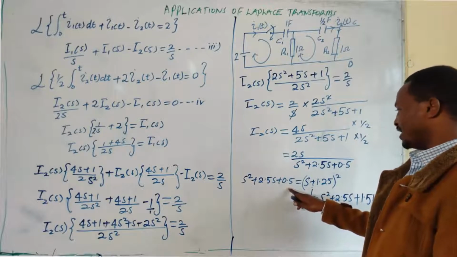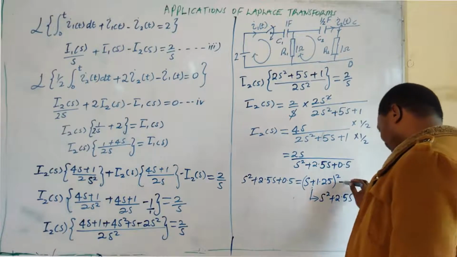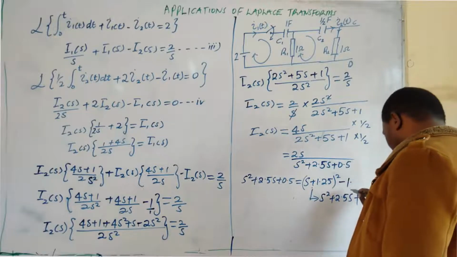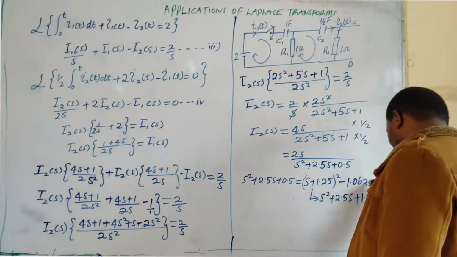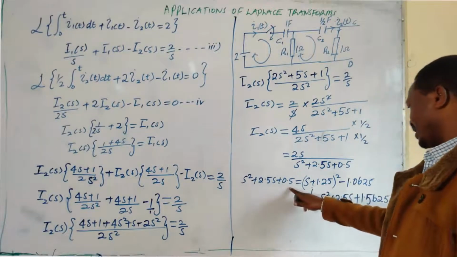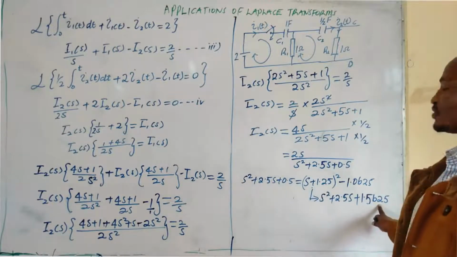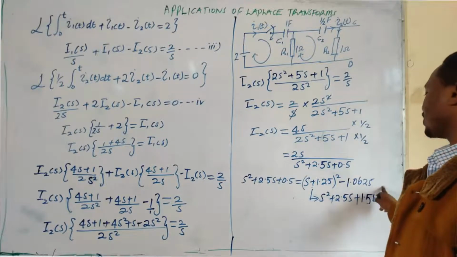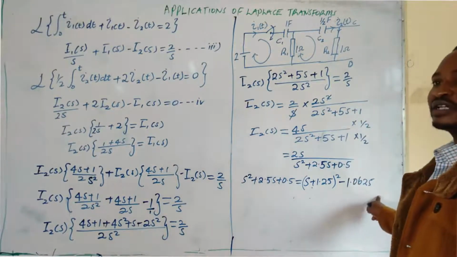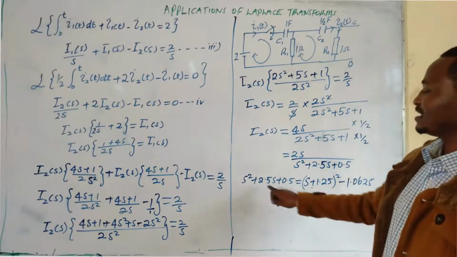So we need to subtract 1.0625 here to make this equal to this. We need to subtract 1.0625, so that now the two sides of the equation are equal. If you expand this minus this, you get it is equal to this.